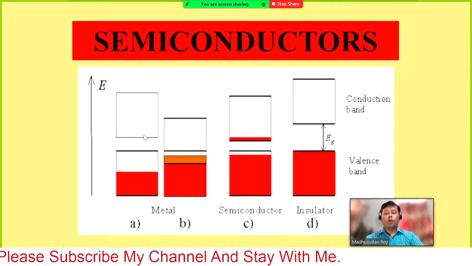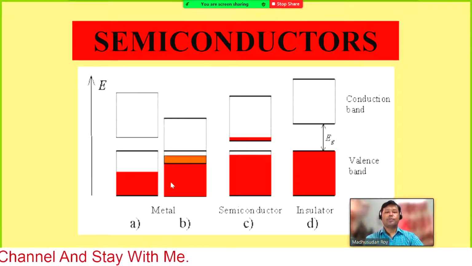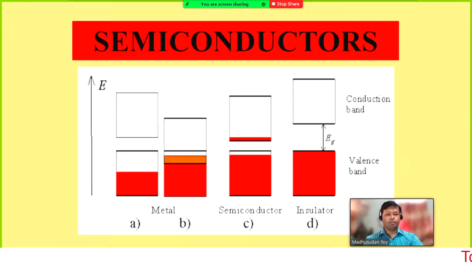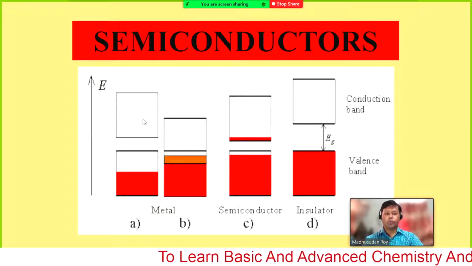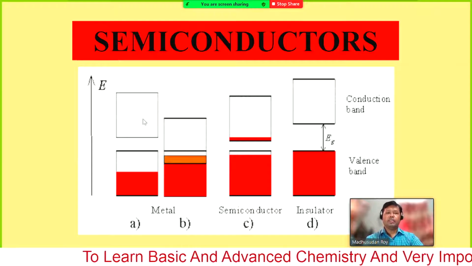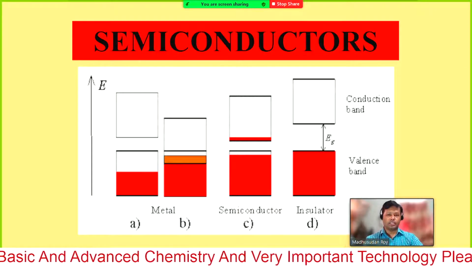So when any element has some free electrons, it can have the conduction band partially filled, but sometimes you may or may not have free electrons. Therefore if you do not have any free electron in an atom, then there is no possibility to conduct electricity or heat.